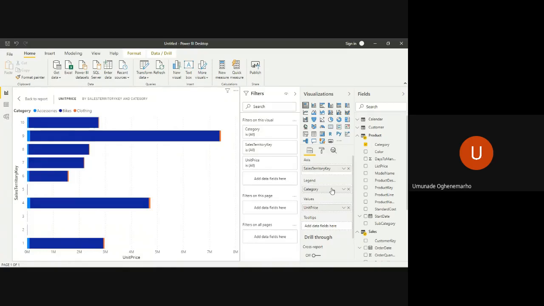So one axis will always be the value that is being read, while the other axis is going to be the axis used to categorize your data item. Now, in a stacked chart, you have the opportunity to use two different categorizations.